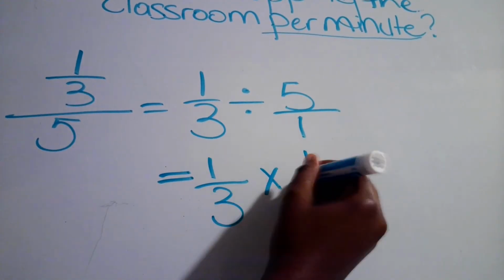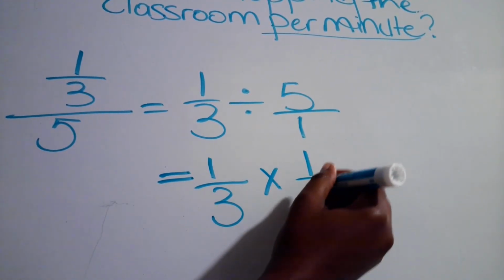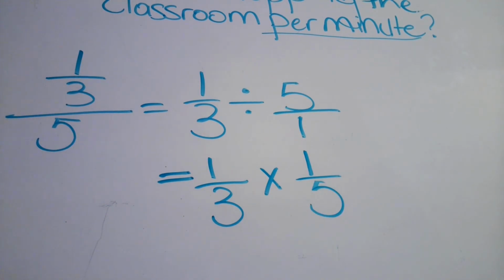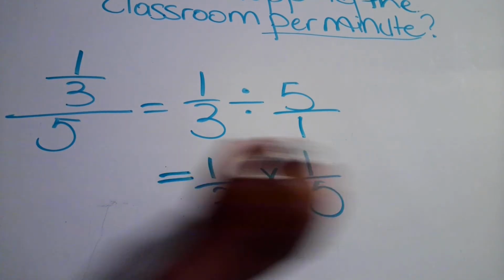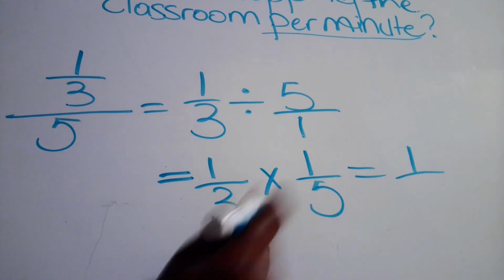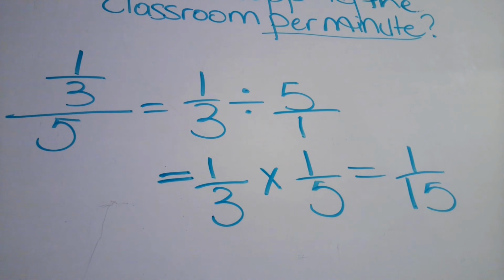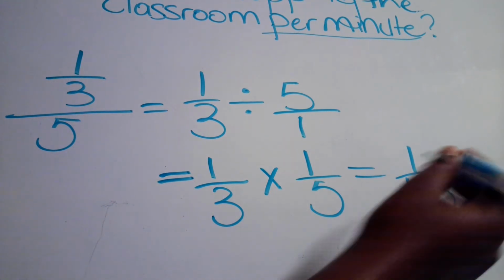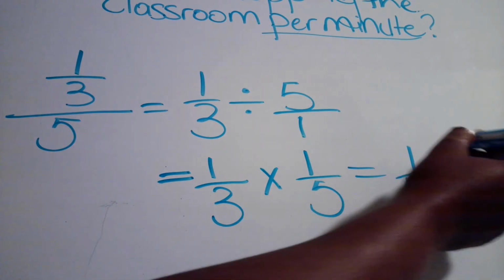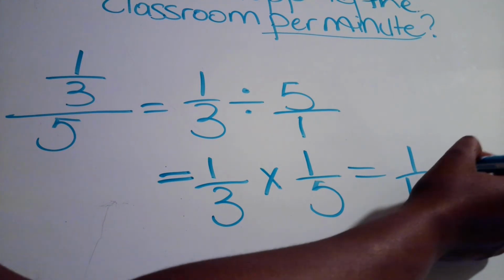So this becomes 1/5. 1 times 1 is 1. 3 times 5 is 15. So he can mop 1/15 of the class in a minute.